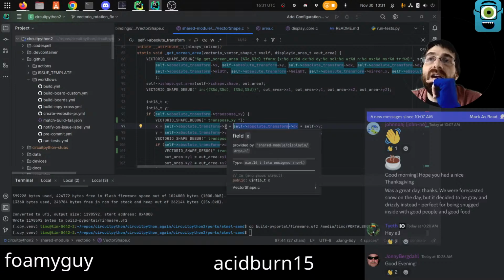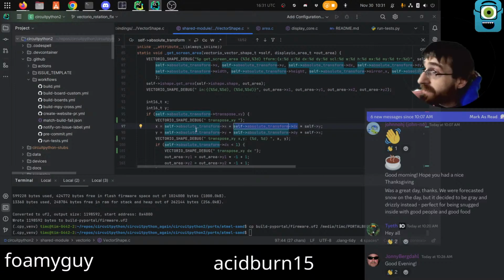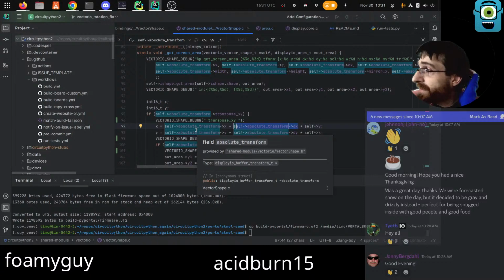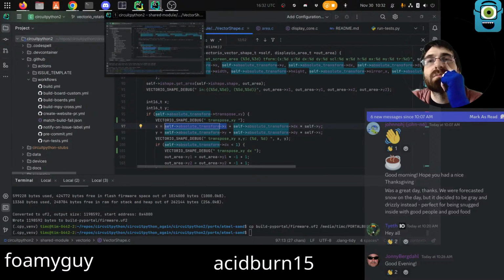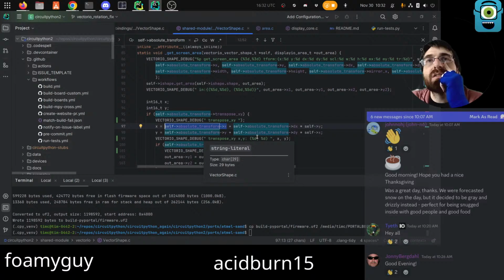And we add absolute transform x, which is 320. So 320 plus -1 is 319. So is absolute transform x, should that be 319? But I also still don't quite grok where that came from. But it doesn't change. Does it matter that it doesn't change?